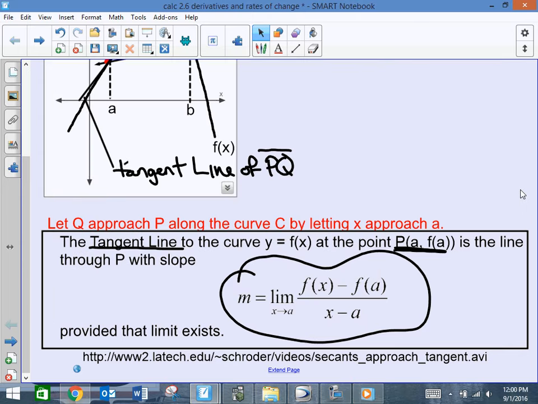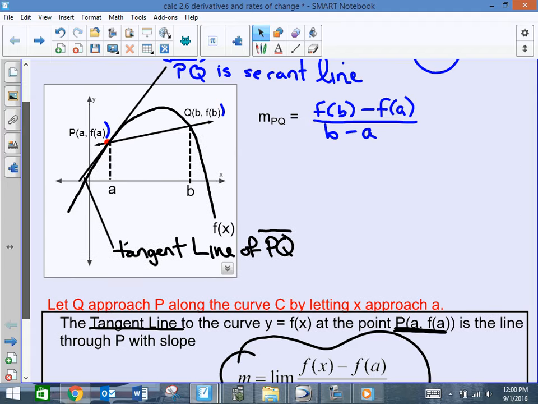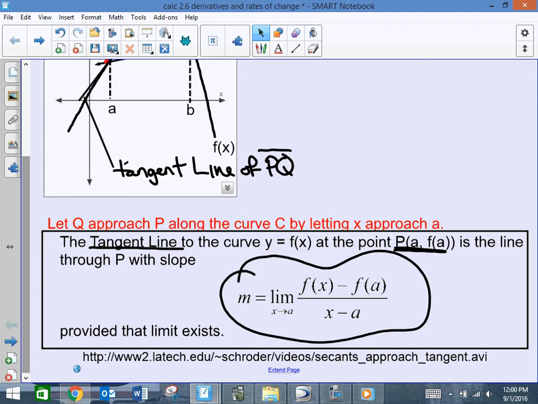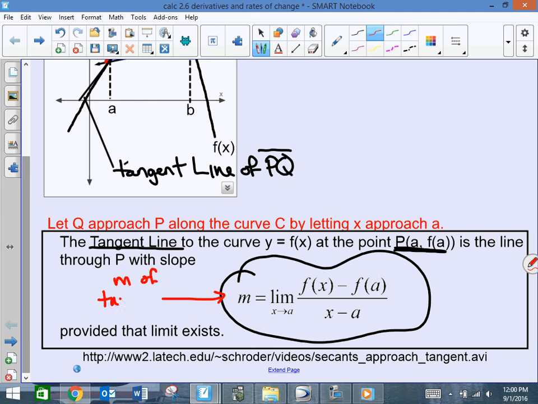So you're going to have to remember that, but in my years, that's the least of your worries, remembering that formula, okay? So this is the slope of, not the secant line anymore, but which line? Right, slope of the tangent line, okay?